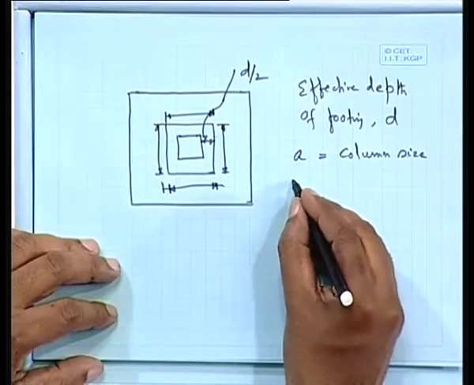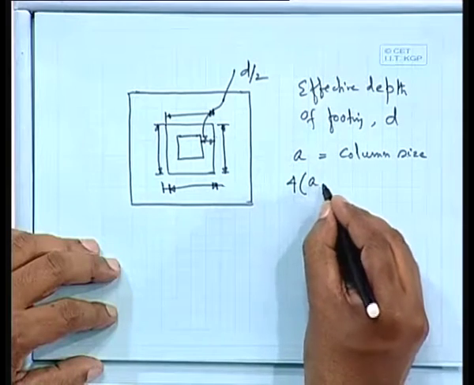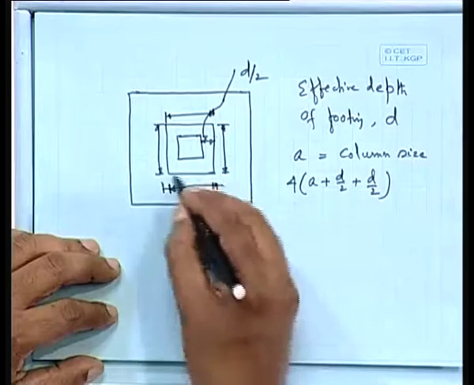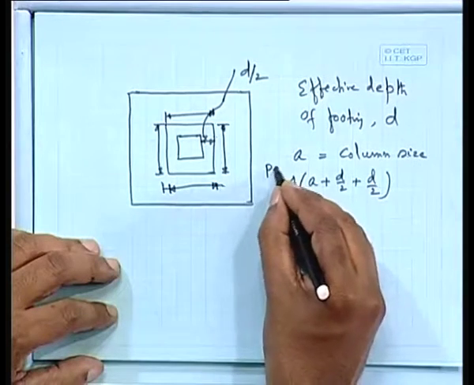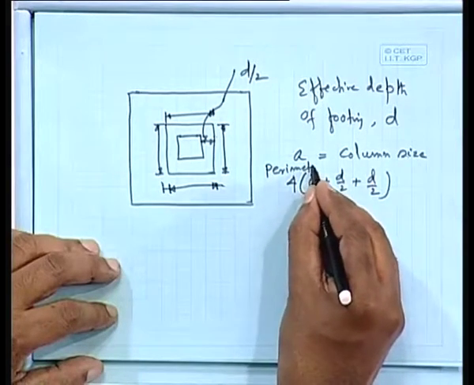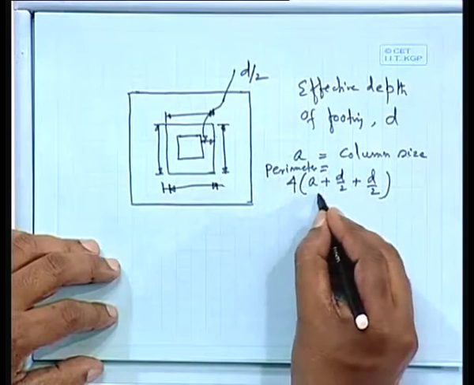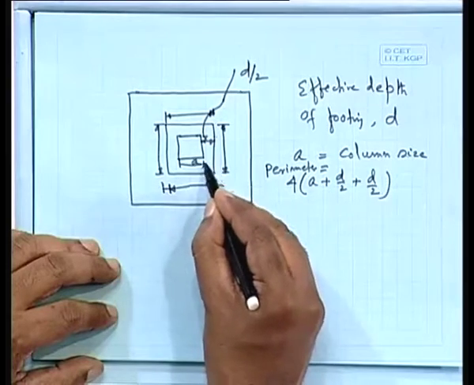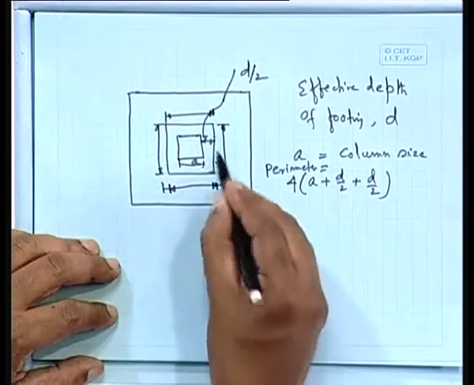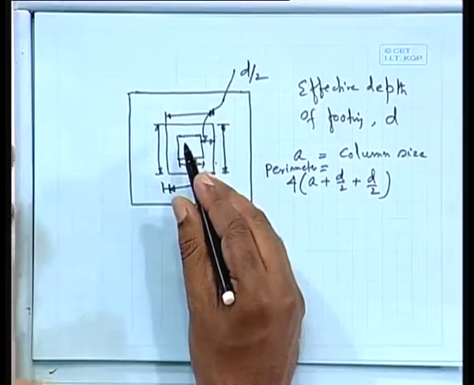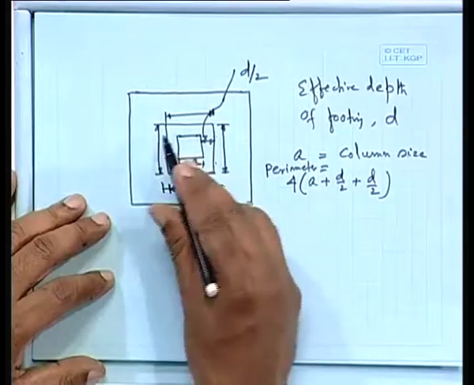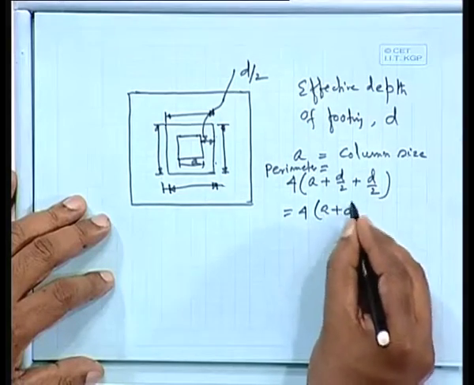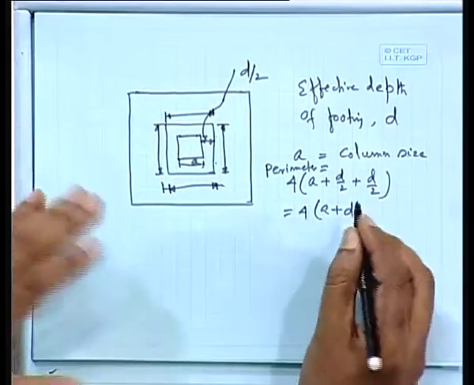So, we shall get 4 times A plus D by 2 plus D by 2, the total perimeter. Perimeter equal to 4 times A plus D by 2 plus D by 2, because this is the A and D by 2 this side, D by 2 this side, and 4 times, if it is say square. So, we shall get the perimeter of this one, which comes as 4 times A plus D.